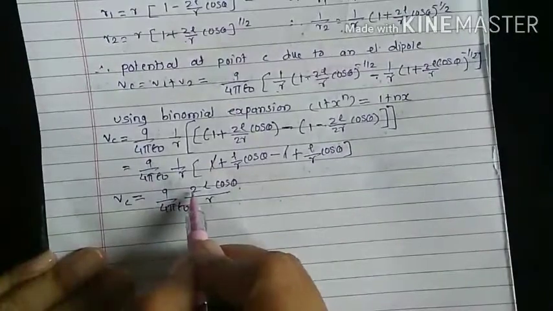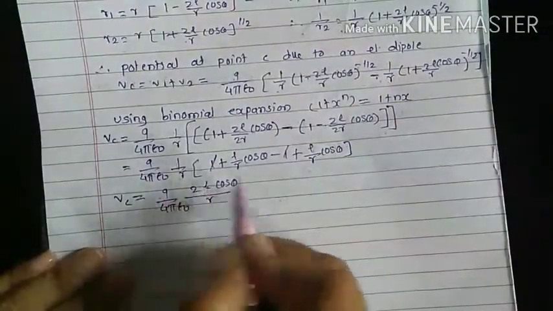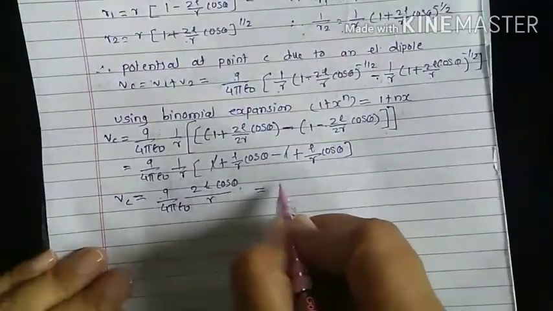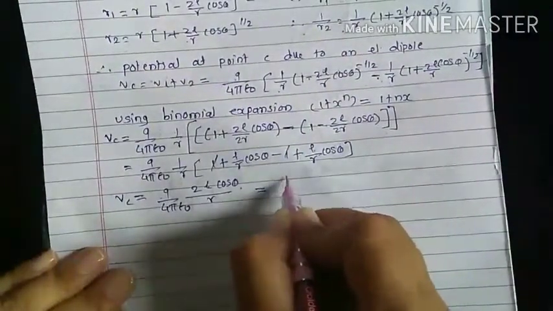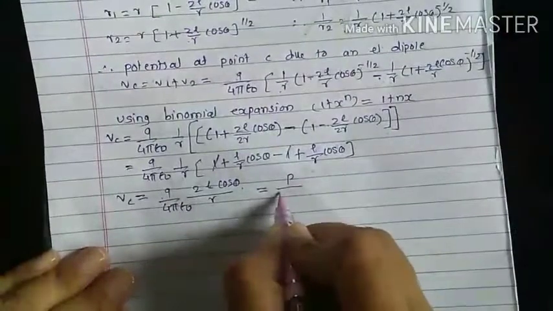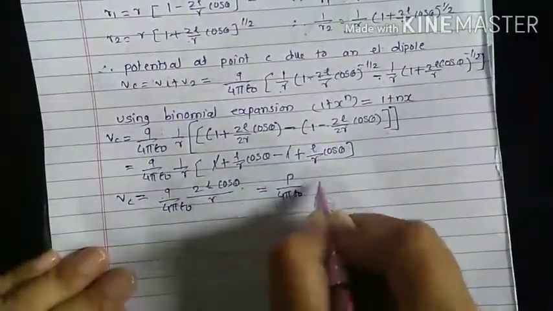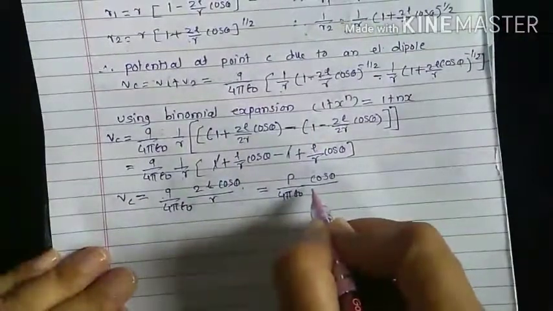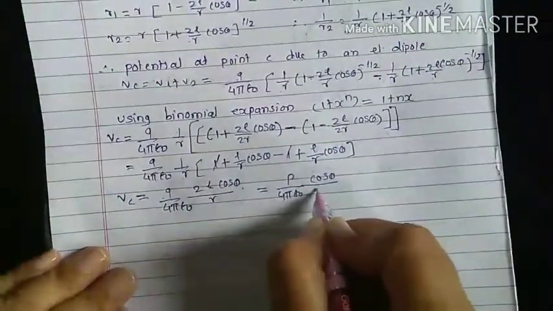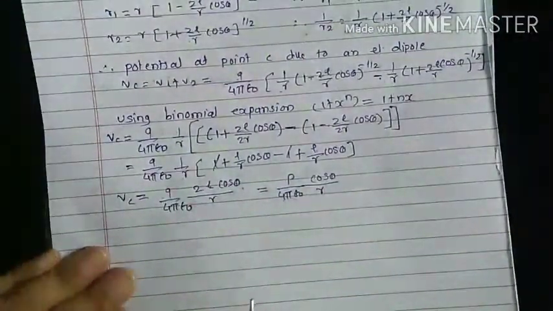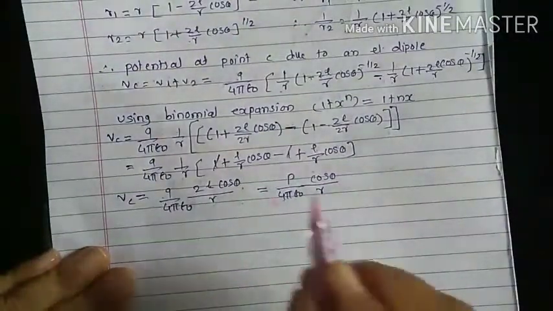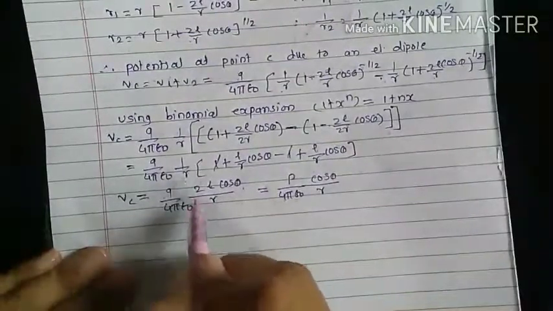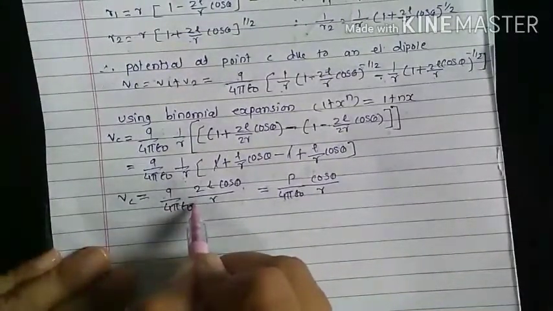Look at this. Twice QL is nothing but the electric dipole moment, and therefore let me write P, electric dipole moment, upon 4 pi epsilon naught, cos theta upon R, and here R as it is.